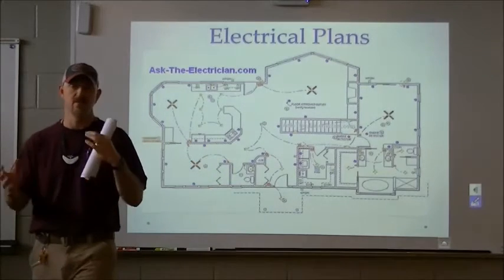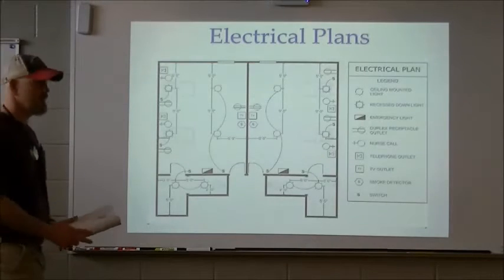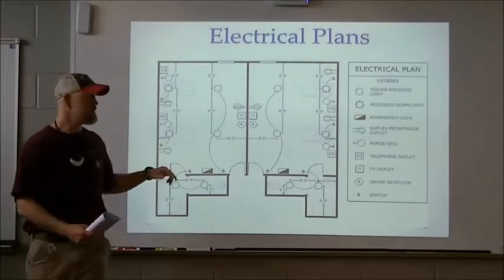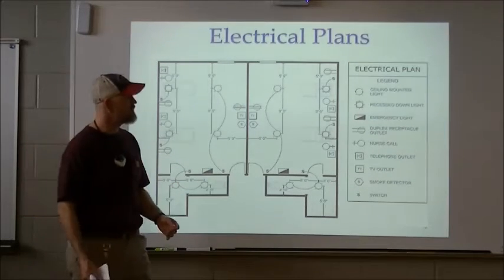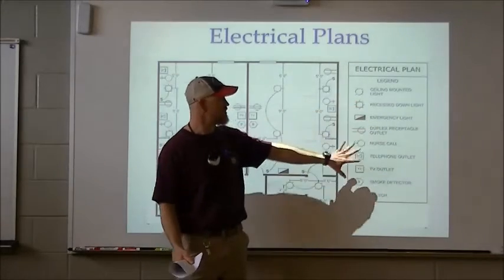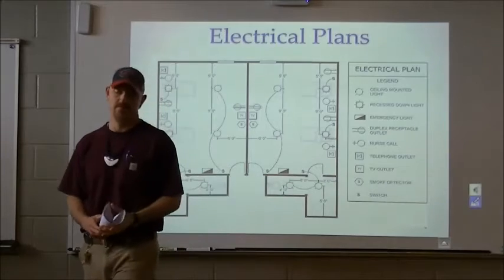It shows the electrician how to lay out a circuit line. Here's another one that's a little bit more close up, a little more enlarged. And it's got a legend on here, so it tells us what these symbols that are on this drawing actually mean.